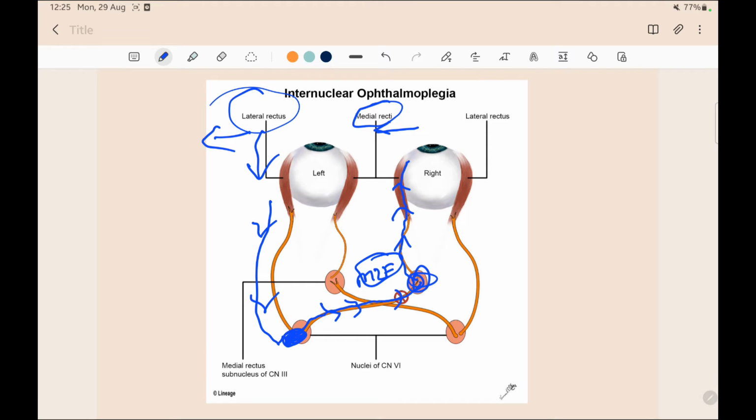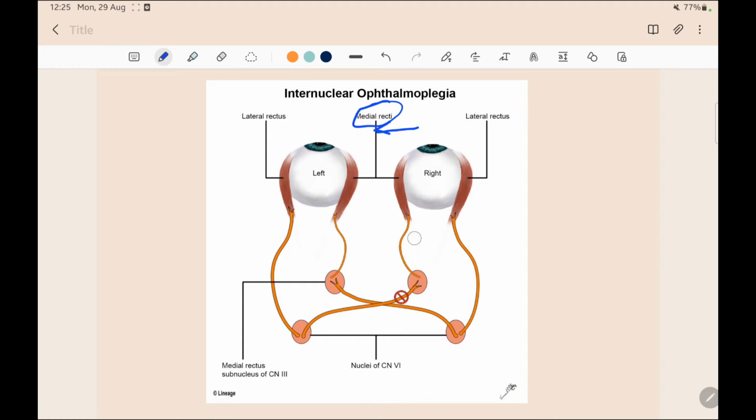But when you see the pathology, there is a lesion in the interneuron which is located in the MLF, the medial longitudinal fasciculus, which innervates the contralateral medial rectus muscle by the third nerve. So what happens when you look left? Now we will talk about the disease.